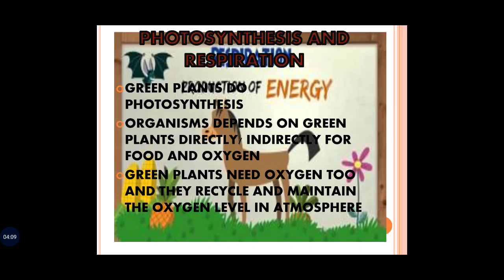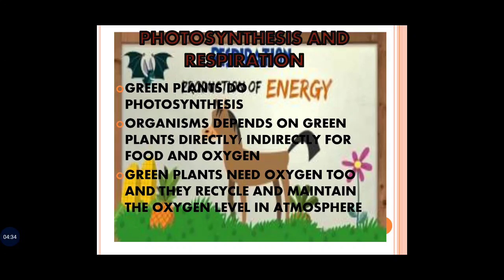Because during photosynthesis, carbon dioxide is utilized by the plant and at the end of photosynthesis, oxygen is given out. This oxygen is taken by other organisms and carbon dioxide is given out by those organisms, which is again taken up by the plants for photosynthesis.